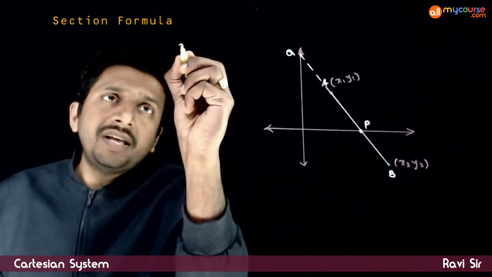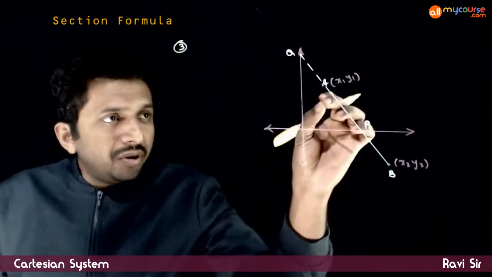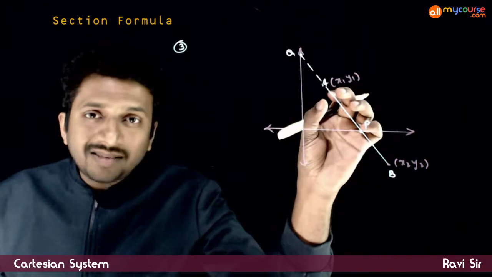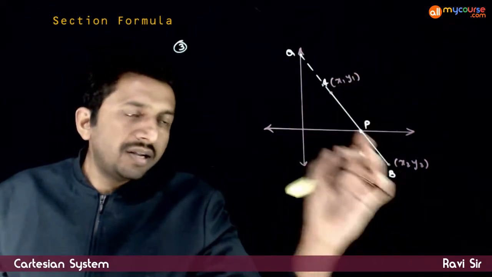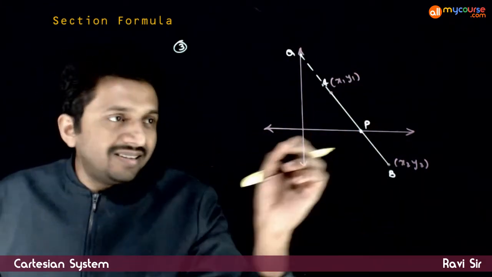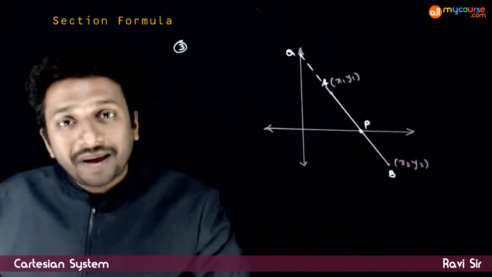Now the third point is the ratio in which the line segment joining (x1, y1) and (x2, y2) is divided by x-axis.